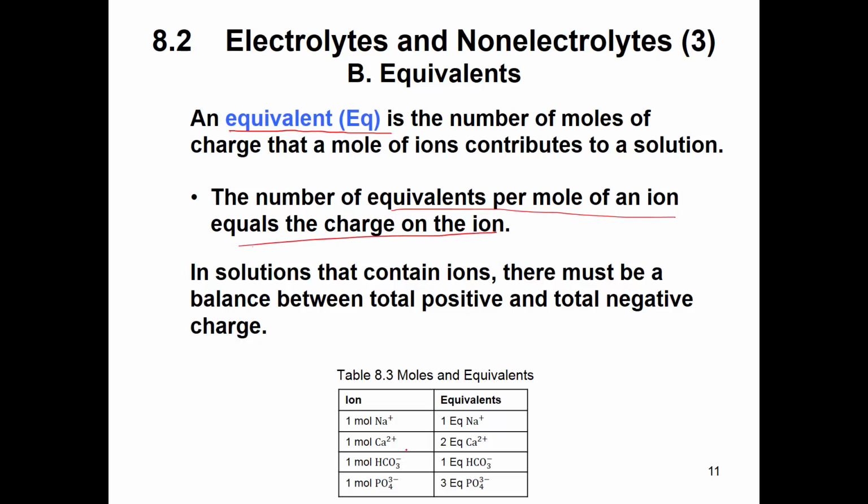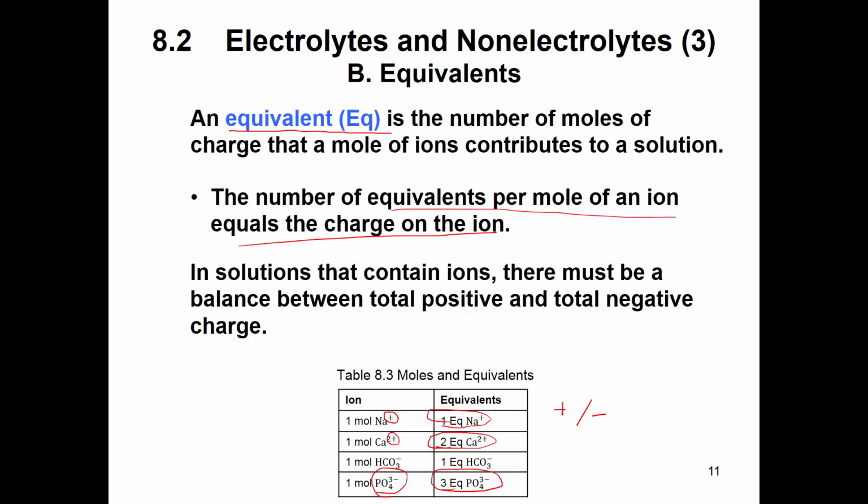For example, sodium forms a +1 ion, so you get 1 equivalent of sodium. Calcium forms a +2 ion, so you get 2 equivalents of calcium. Phosphate is a -3, so you get 3 equivalents.